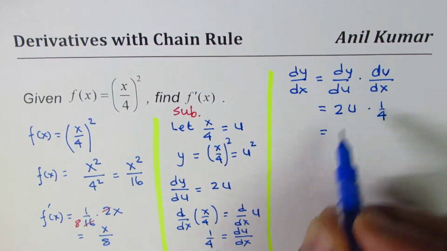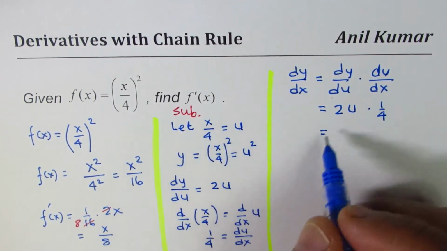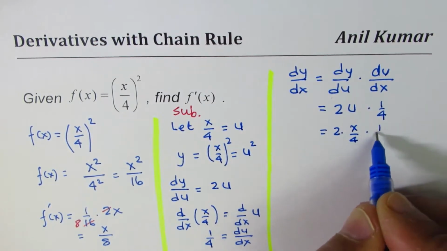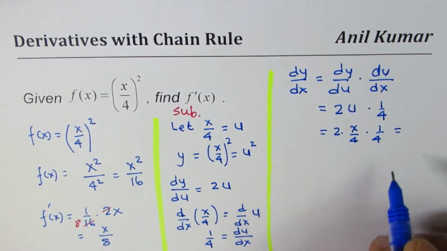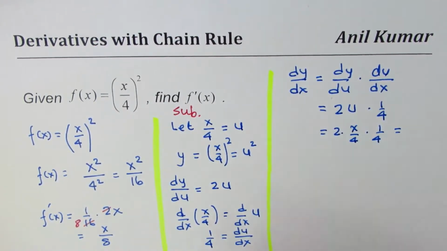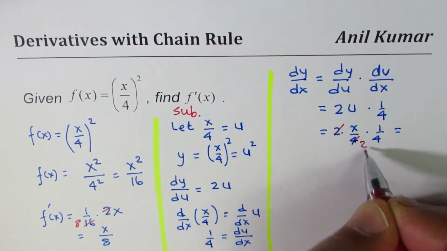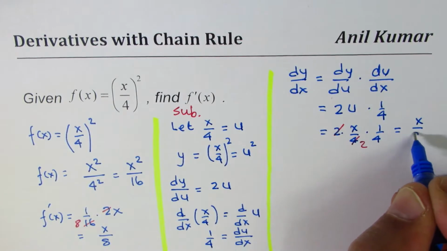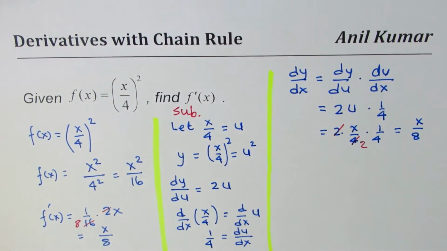But what is u? u is x over 4. So we could write this as 2 times x over 4 times 1 over 4. And we can simplify this, so we get x over 8. So we get exactly the same answer. Do you see that?